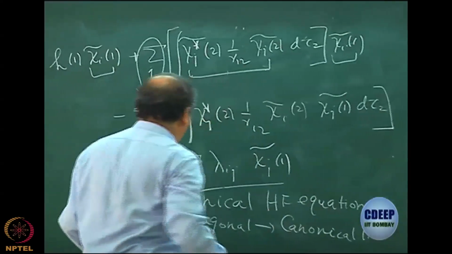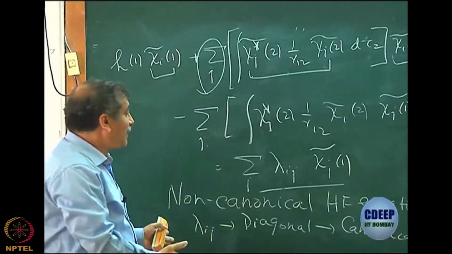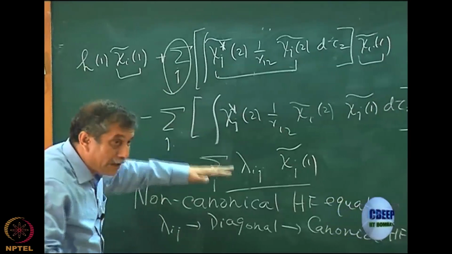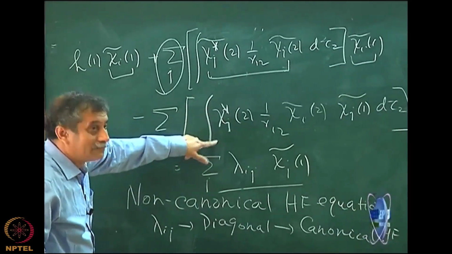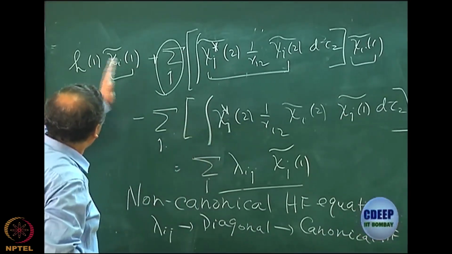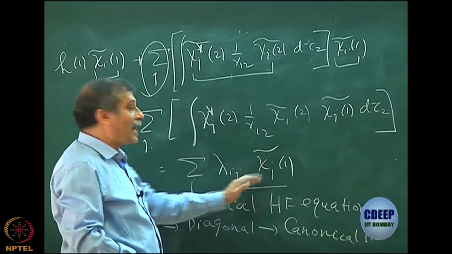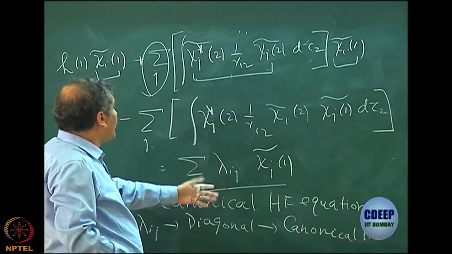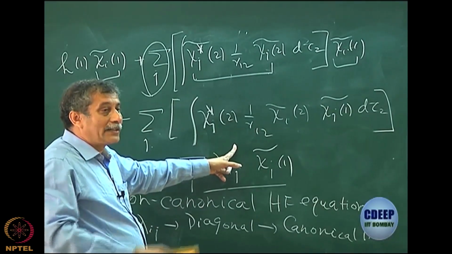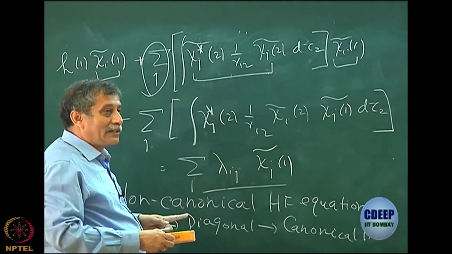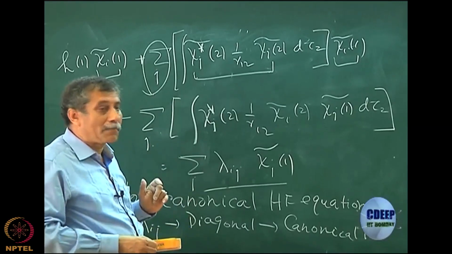So assuming that this is diagonal, I still can't write it in eigenvalue equation form because of this guy. See, this is already eigenvalue, something times chi I tilde 1, something times chi I tilde 1. I would only assume they're diagonal, but what about this part? And that was his question. And so the exchange part we always have a problem.